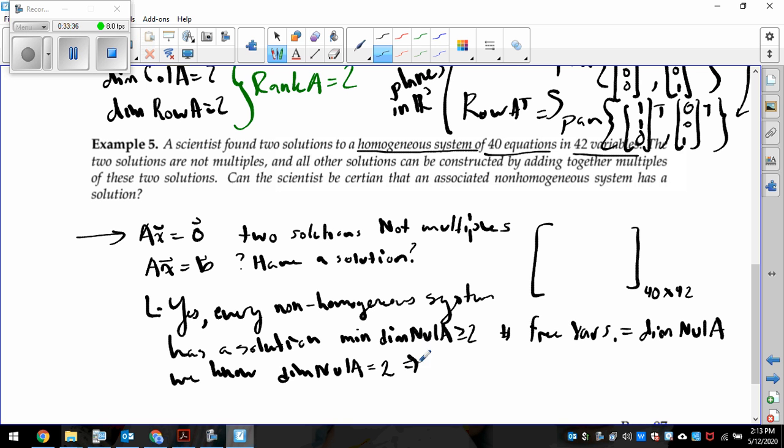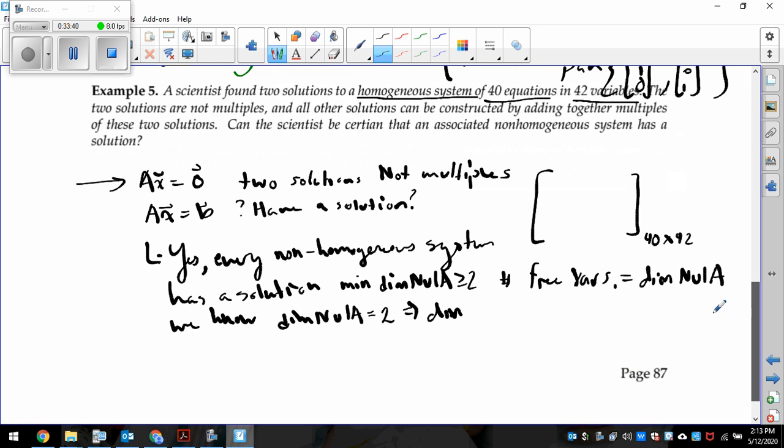So let's use the rank theorem here. So we'll say rank of A plus dimension of null A must equal 42, the number of columns, and we know that this is 2.